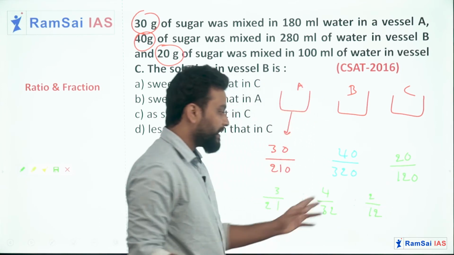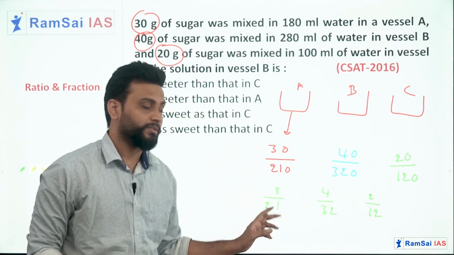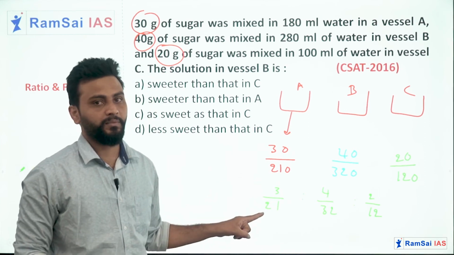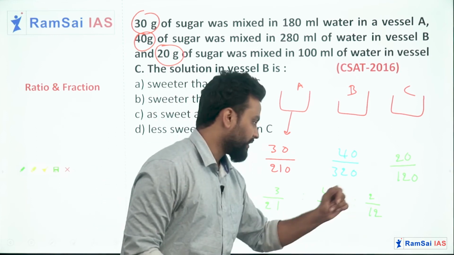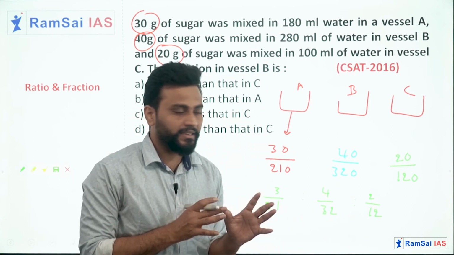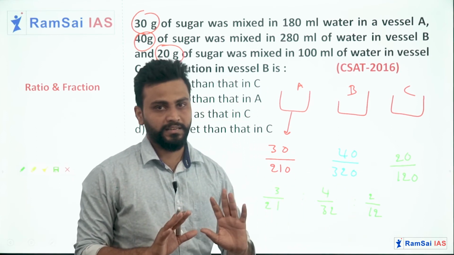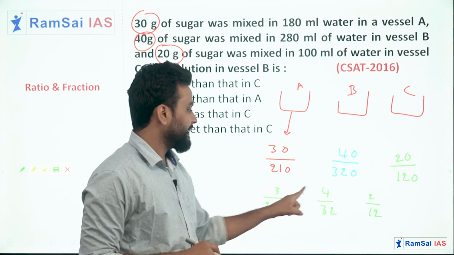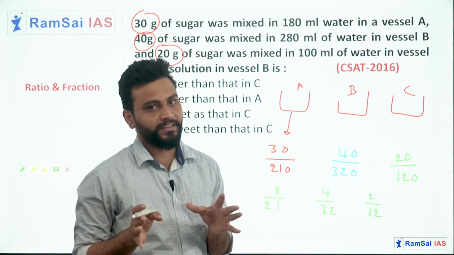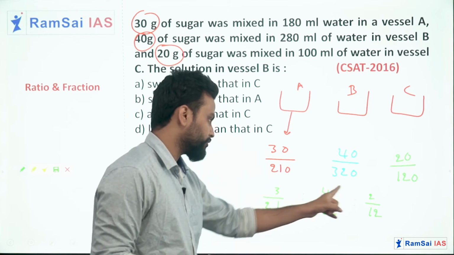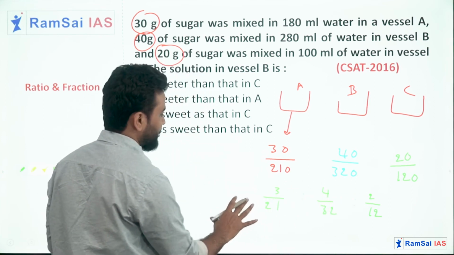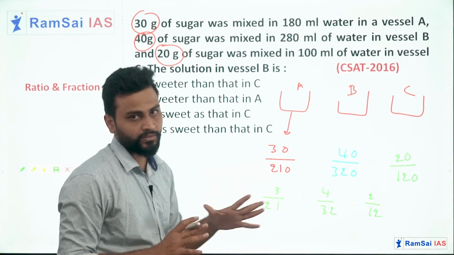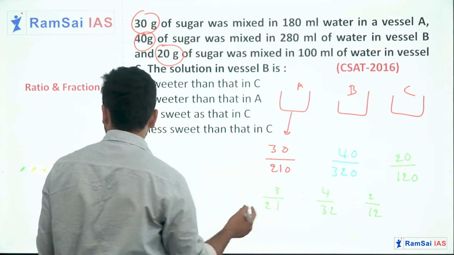But to compare 3 ratios, I already told you, either the numerators or the denominators should have the same values. See, 21, 32, 12, the comparison will be a bit difficult as they don't have any common number. But 3, 4, 2 in the numerator will be very simple to convert. What is the LCM of 2, 4, 3? Obviously 12. So I will make all the numerators 12, so that the comparison will be very simple.